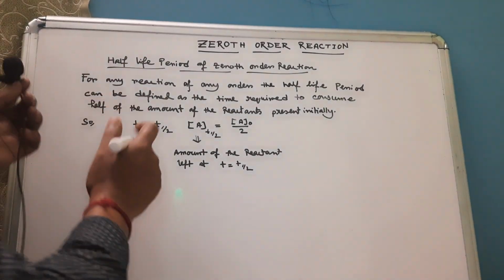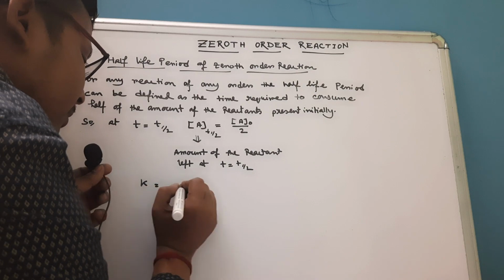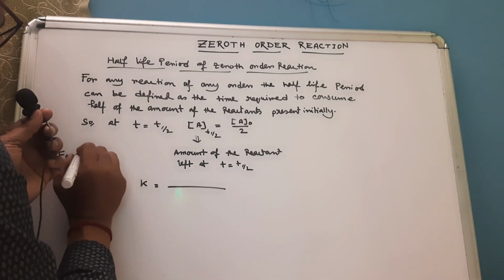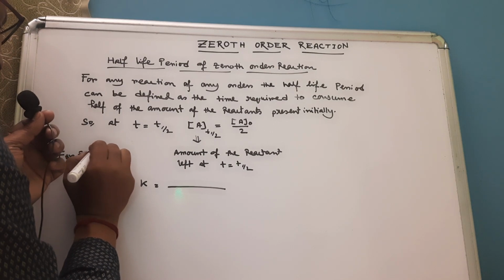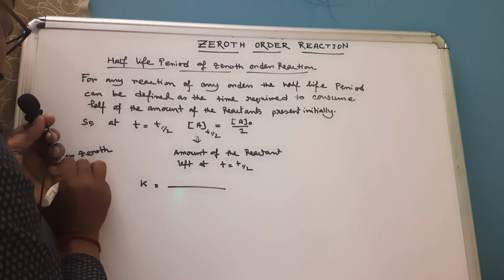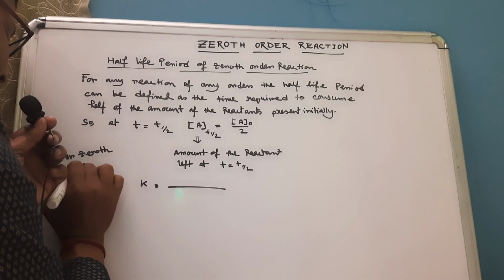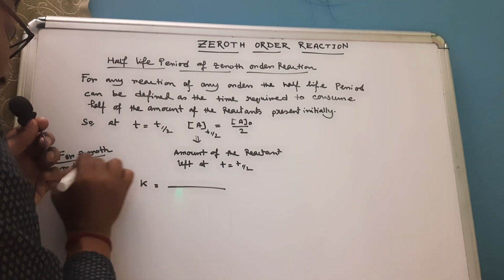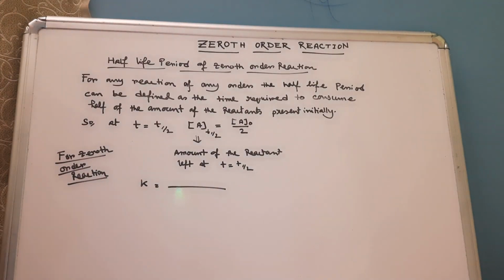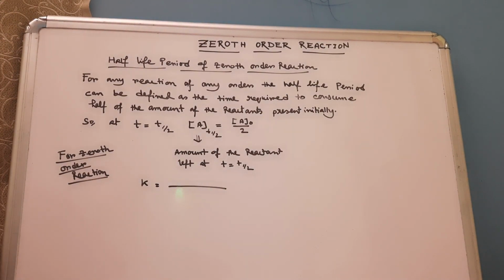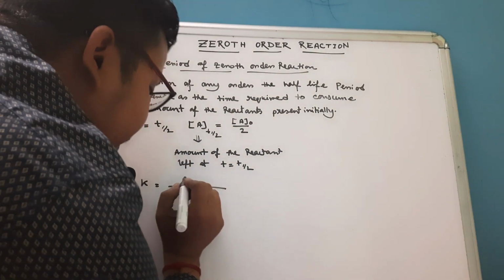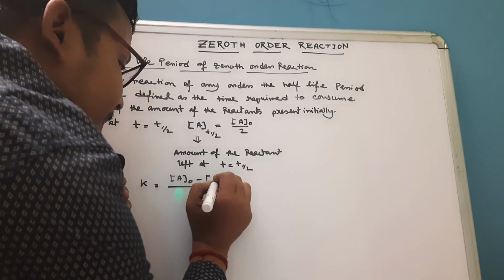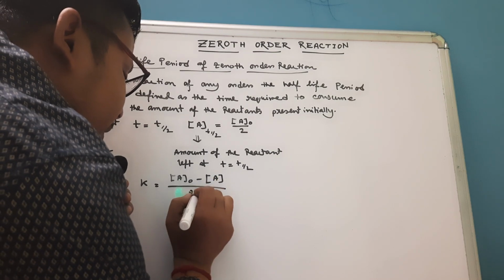So for a zeroth order reaction, k is given by a0 minus a by nu t.